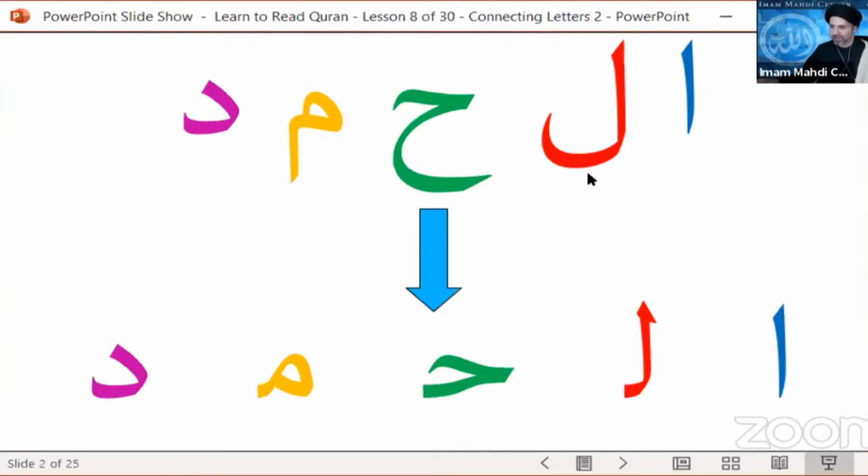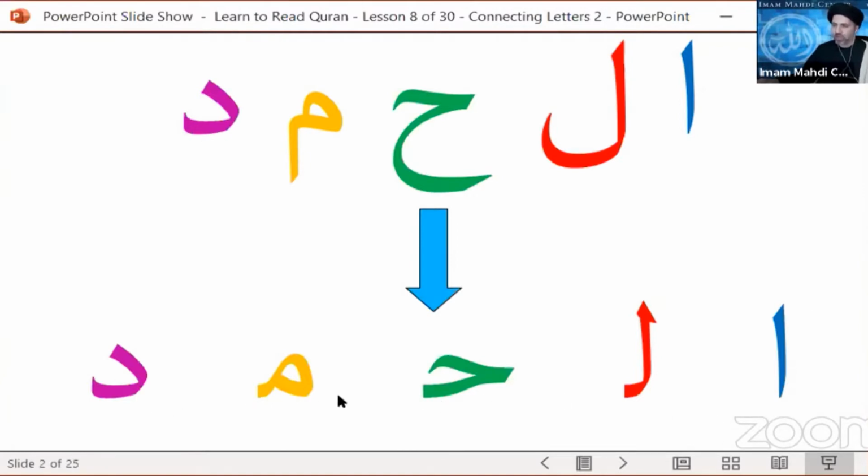When it connects to a letter on its left, as we learned before, we drop the tail of the lam and keep the long portion with a small extension to connect to the next letter. Then we have the ha. We drop the tail of the ha and keep the top portion to have the lowercase. The same with the mim. We drop the straight tail portion and keep the top part, as we have here in the lowercase mim, and the dal stays the same.